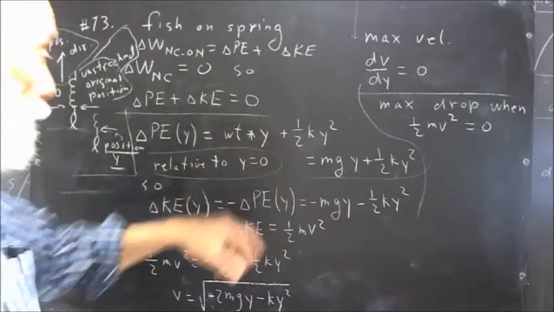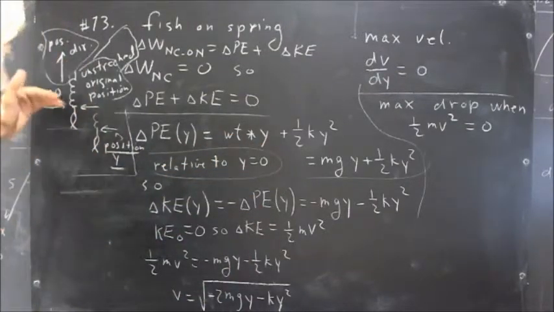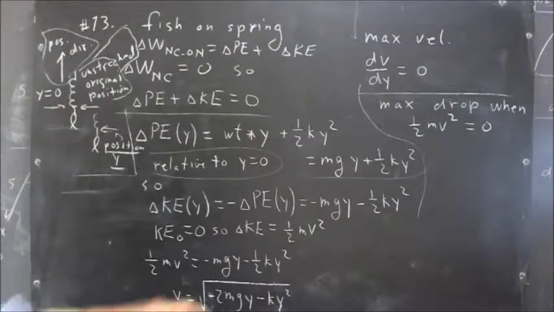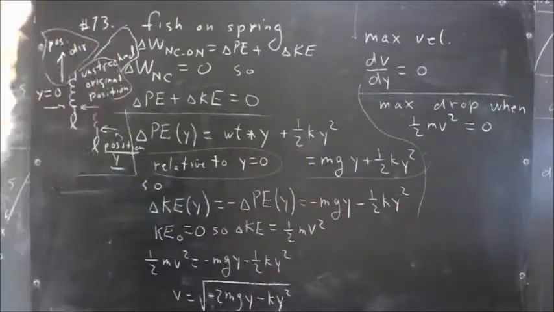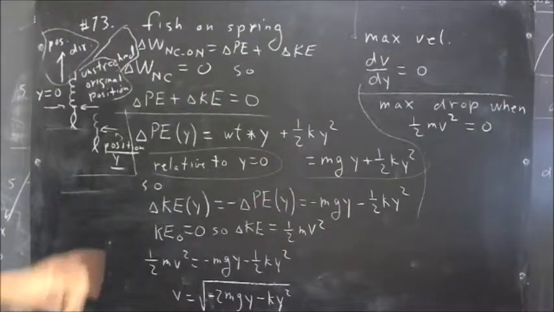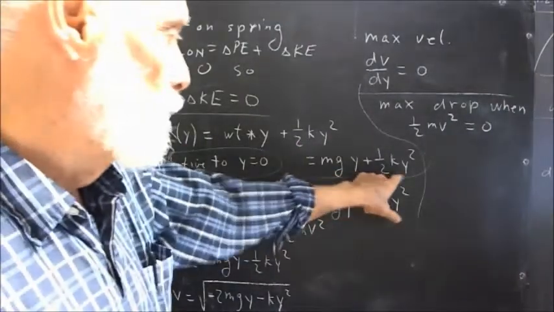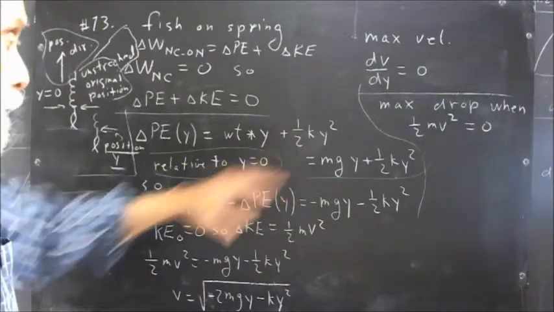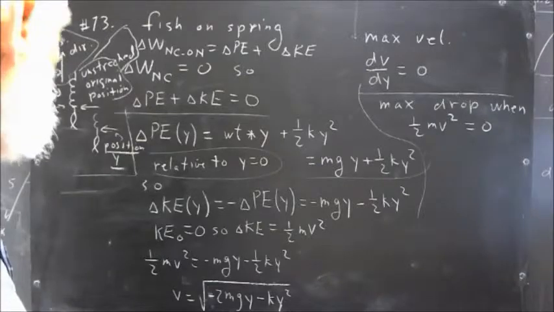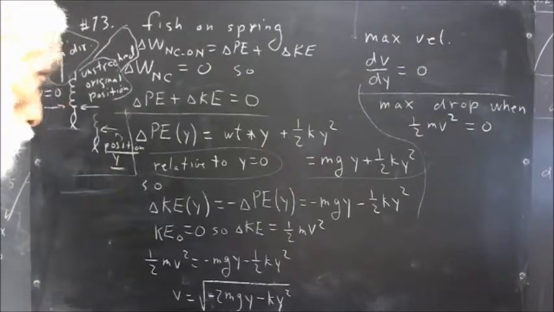So the weight times y is going to be negative as long as the fish is below the equilibrium point. And the potential energy of the spring is clearly 1/2 ky squared, so that the total potential energy is mgy plus 1/2 ky squared. And this is all measured relative to y equals 0, which is the initial unstretched position of the spring.